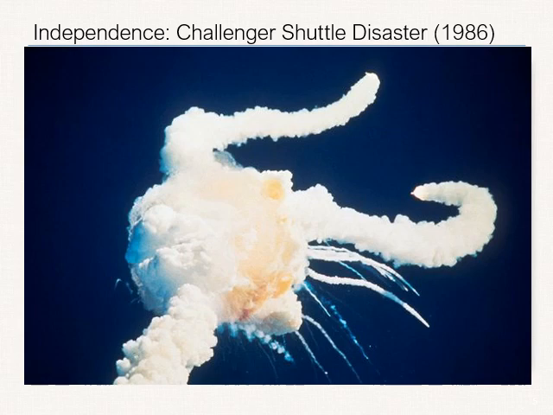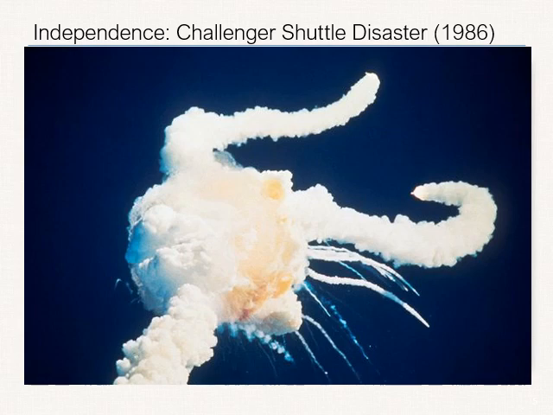The flame got big enough that it ignited the hydrogen tank, and the whole thing exploded. These two trails going off here are the solid rocket boosters that disengaged from the rest of the shuttle and took off willy-nilly through the air. I don't believe they ever did find the cabin with the astronauts in it.